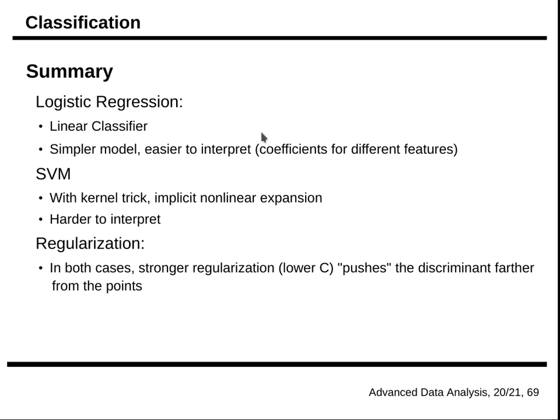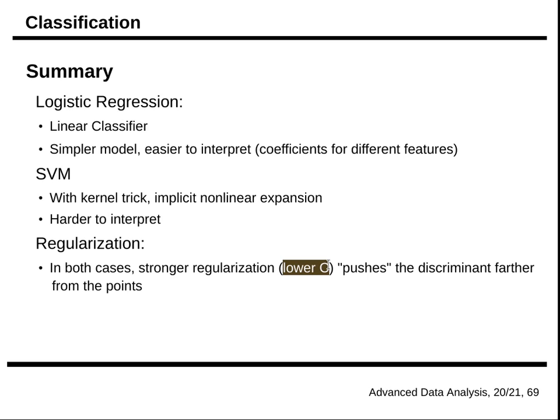So in both cases, in scikit-learn, you can use this C parameter for regularization, and the convention is that a lower value of C makes the regularization stronger, so it simplifies the curvature of the discriminant, and it pushes the discriminant away from the points.